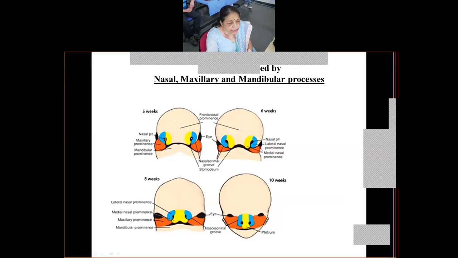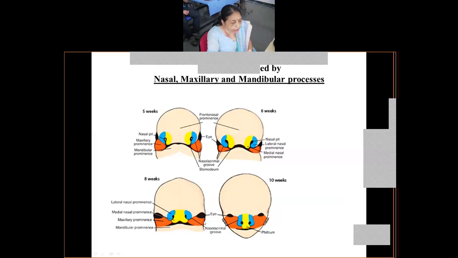Now you can see in this picture, the maxillary process is growing medially. It comes below the lateral nasal process, and then it joins the medial nasal process on both sides. And there is a groove between the maxillary process and the lateral nasal process, and that is known as the nasolacrimal groove.